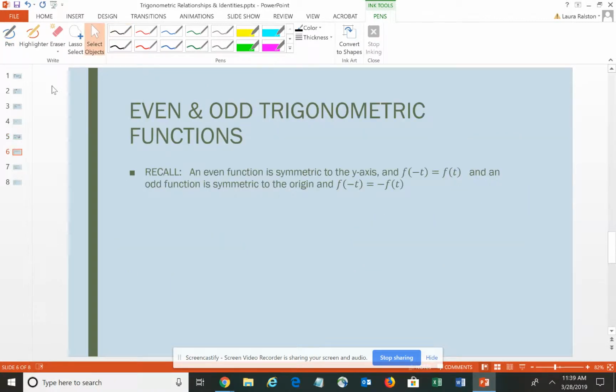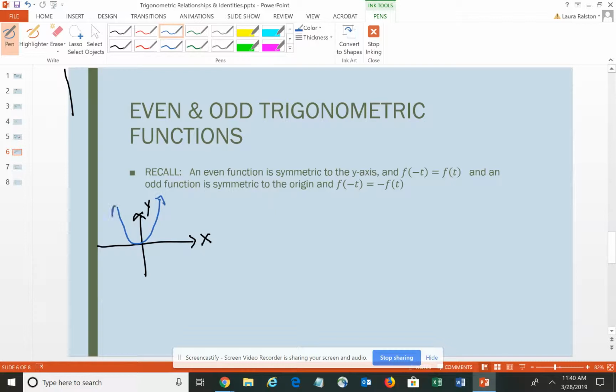And then we talk about even and odd trigonometric functions. This stems, again, as a carryover a little bit from your algebra days. If you'll recall, in algebra, an even function is one that is symmetric to the y-axis, which means if you could visualize a graph on your coordinate plane, perhaps let's use a parabola.